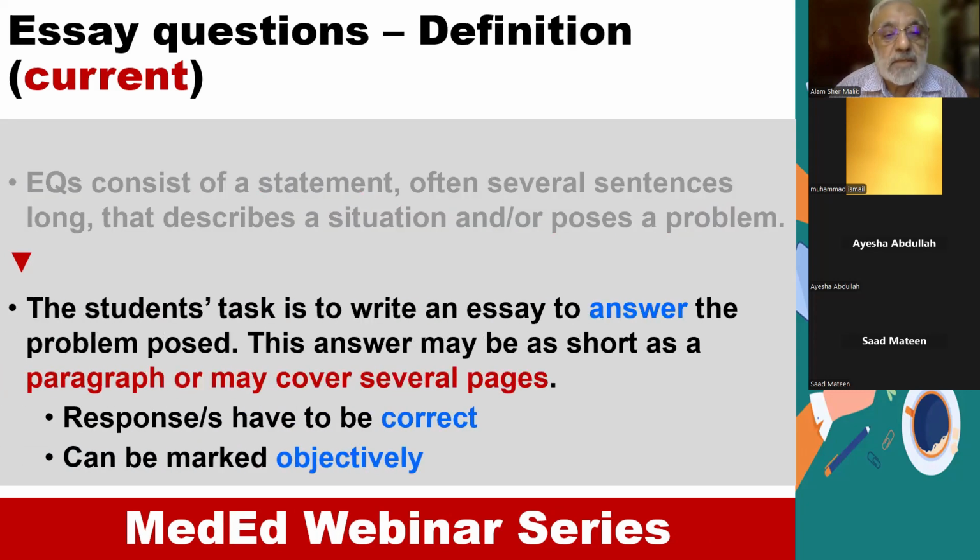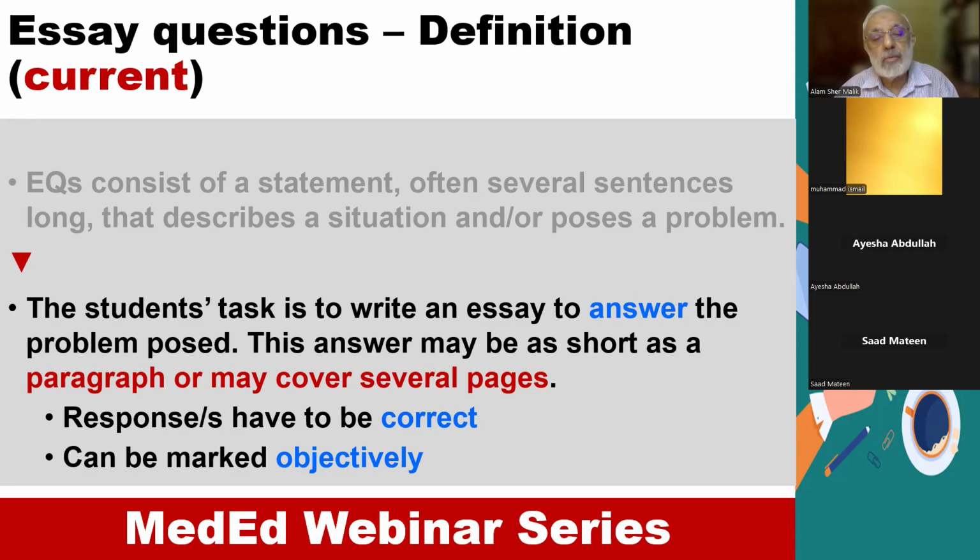The student's task is to write an essay to answer the problem posed. The answer may be as short as a paragraph or may cover several pages. Responses have to be correct and can be marked objectively.